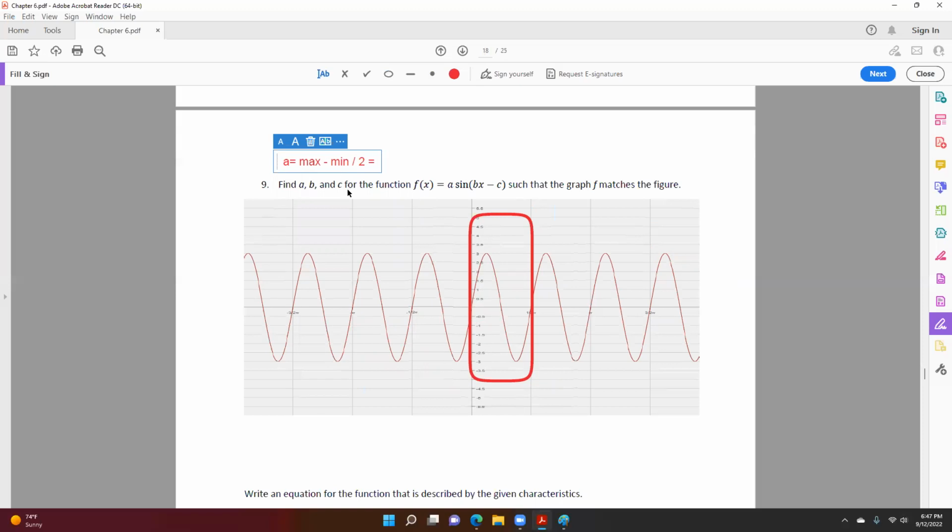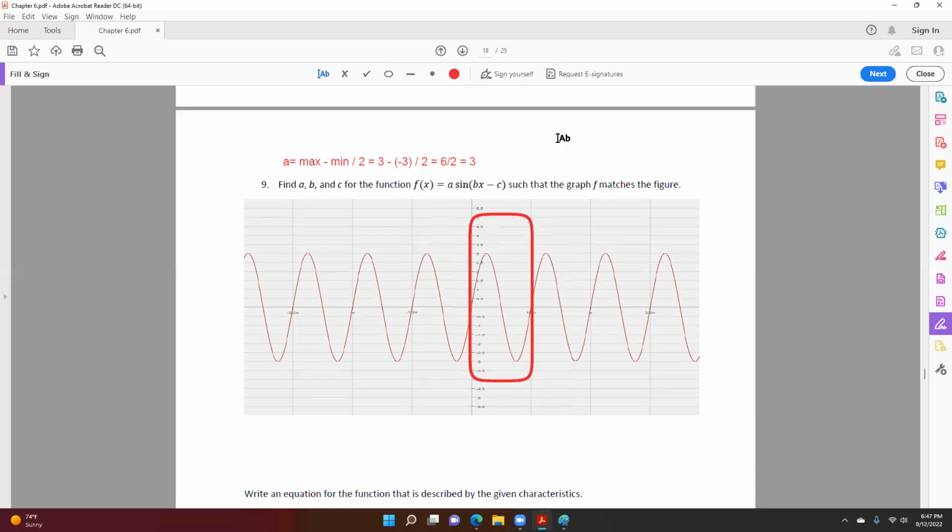If you look at your sine wave here, the maximum is 3 and your minimum is -3. So 3 minus -3 is 3 plus 3, which is 6. So 6 divided by 2 is 3. So your A in this case will be 3.